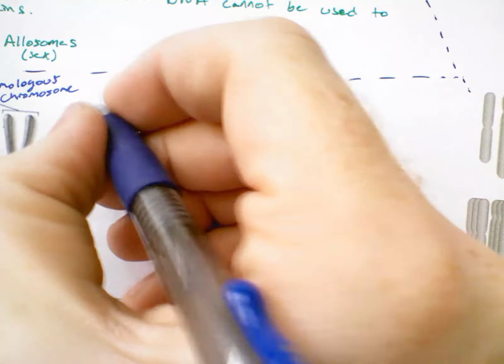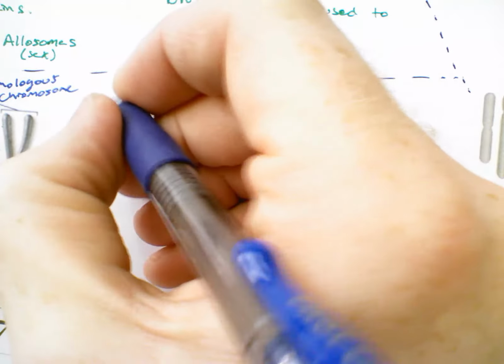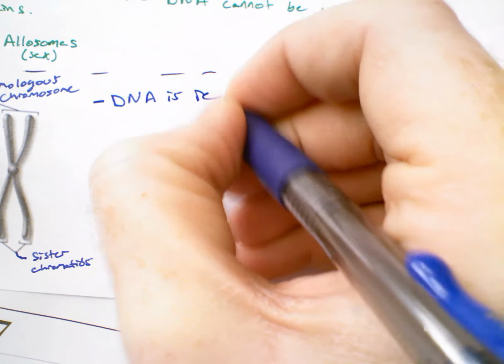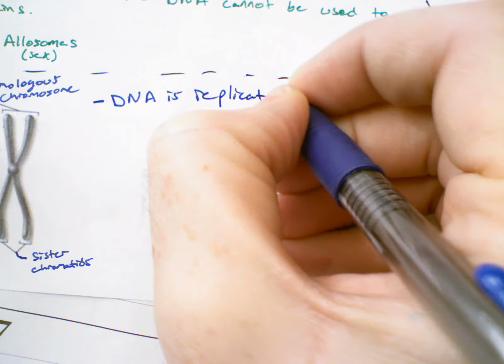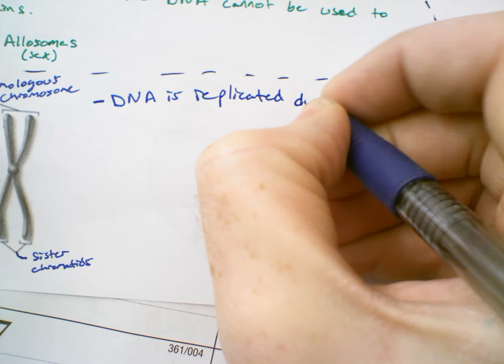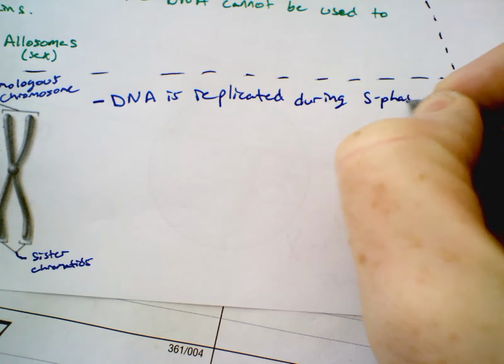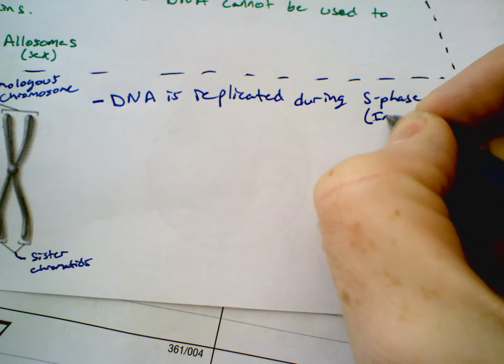So, DNA, homologous chromosome, stuff that you need to know. So DNA is replicated during S phase. And S phase occurs during interphase.